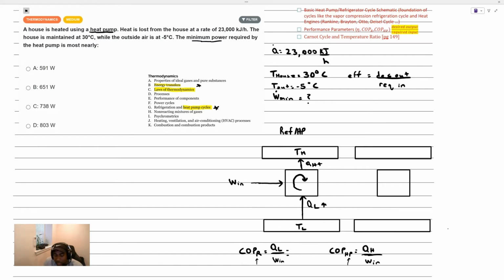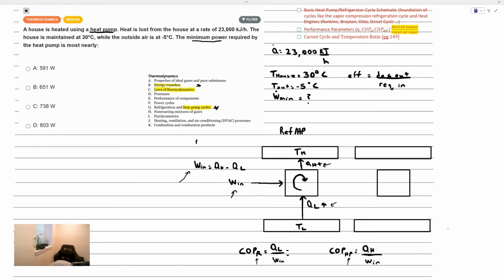And essentially, it comes from the idea that the temperature ratio is equivalent to the heat ratio. You can see that we can also write the work input as the difference between QH and QL. What's coming in, that's the work input here, and the QL, and what's going out, the QH, so that we can write this relationship essentially applying the first law of thermodynamics to that cycle, right?